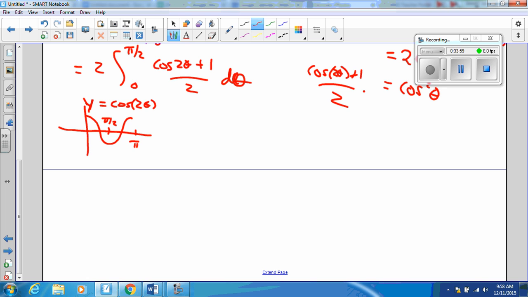If you examine the integral of cosine 2 theta on the interval from 0 to pi over 2, what do you notice? What happens? The net is 0, that's right. So this entire term is going to zero out when I integrate. And so the result is that I get 2 times the integral of 1/2 from 0 to pi over 2. And the result of that is that I get exactly pi over 2 as my integral.